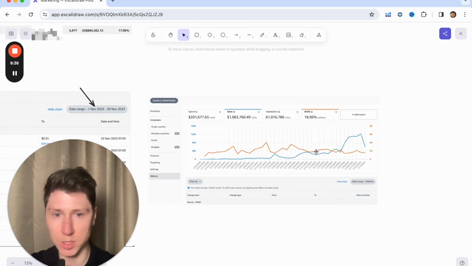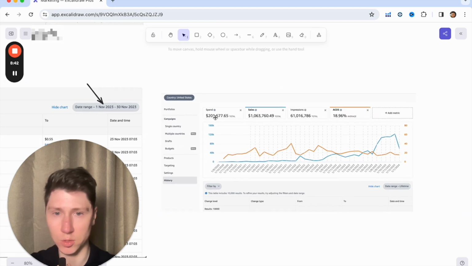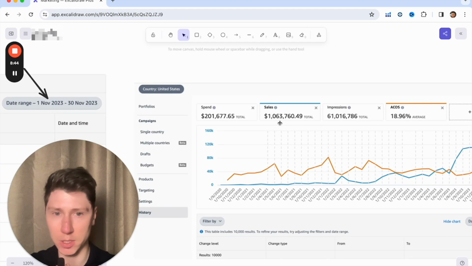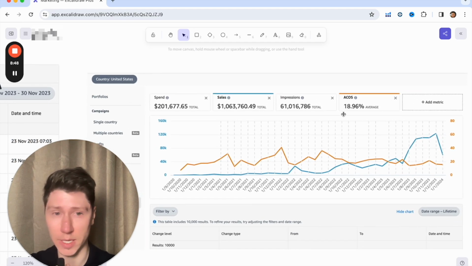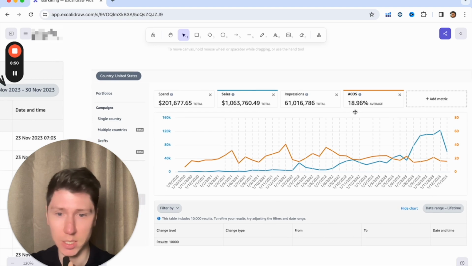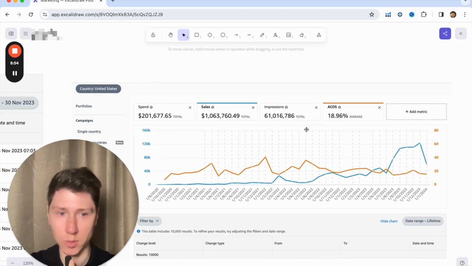And that's important to see: in this screenshot you can see we spent like $200,000 and made $1 million just in advertising sales with an ACOS of 18.96% over the lifetime, of course. And you can see we have a lot of changes.